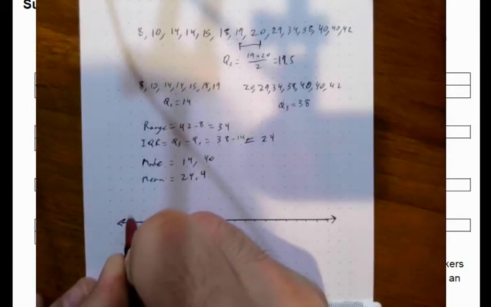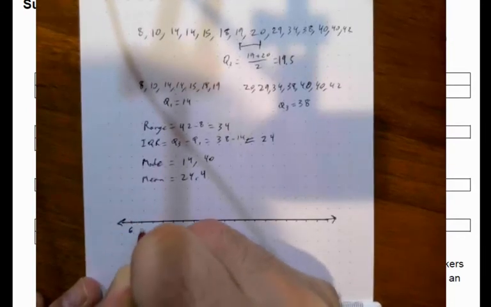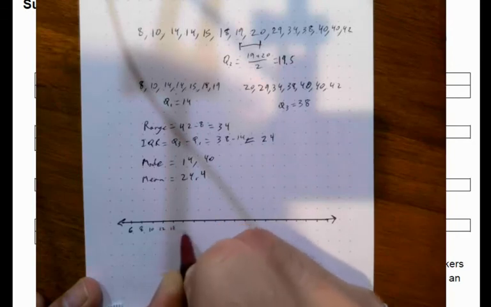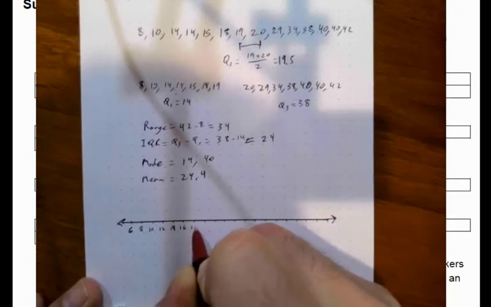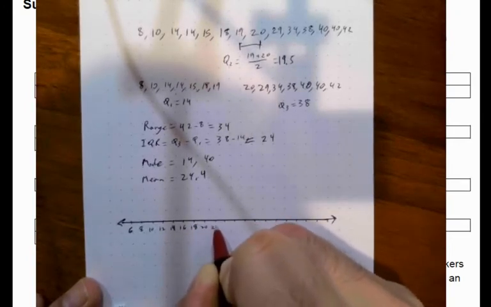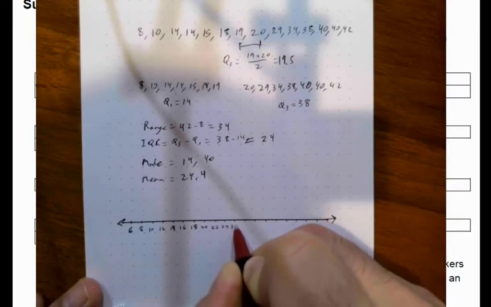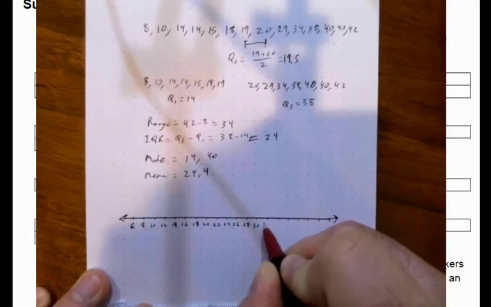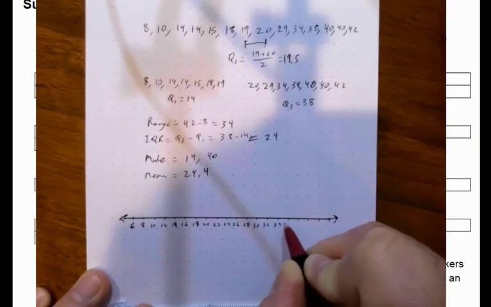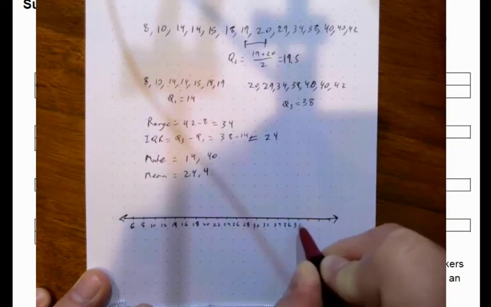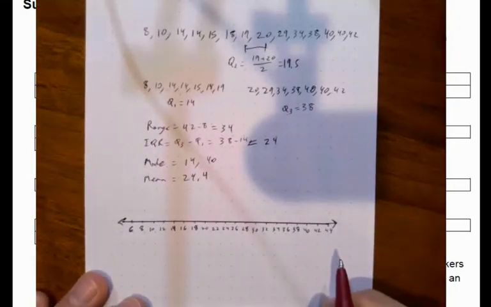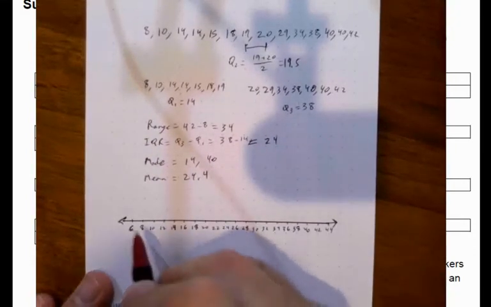We'll start at 6, 8, 10, 12, sorry, 14, 16, 18, 20, 22, 24, 26, 28, 30, 32, 34, 36, 38, 40, 42, and 44. So that covers all of my range here.